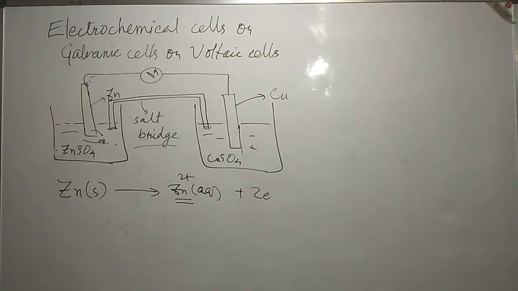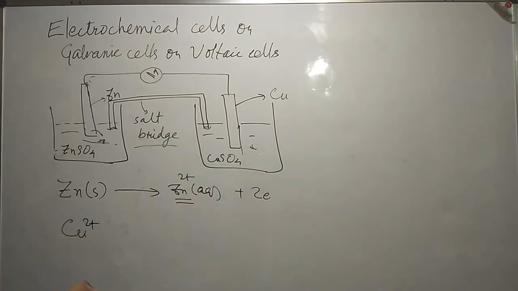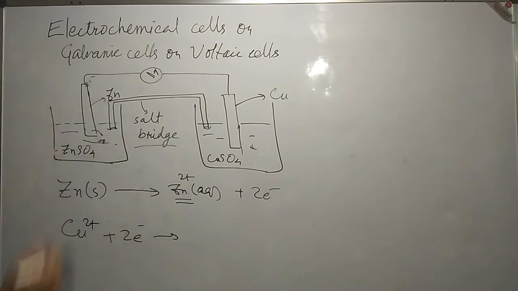Now in the other beaker, that is for copper, it will undergo reduction. The Cu2+ from the CuSO4 solution, which are called electrolytes, will gain 2 electrons that are produced from the zinc rod.